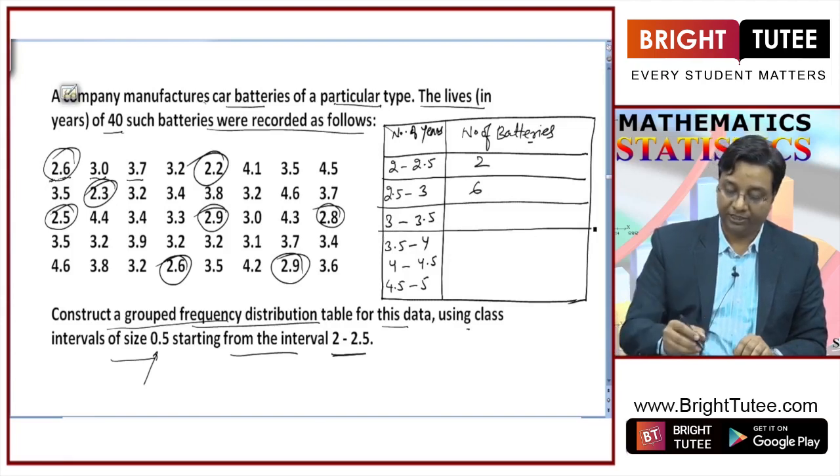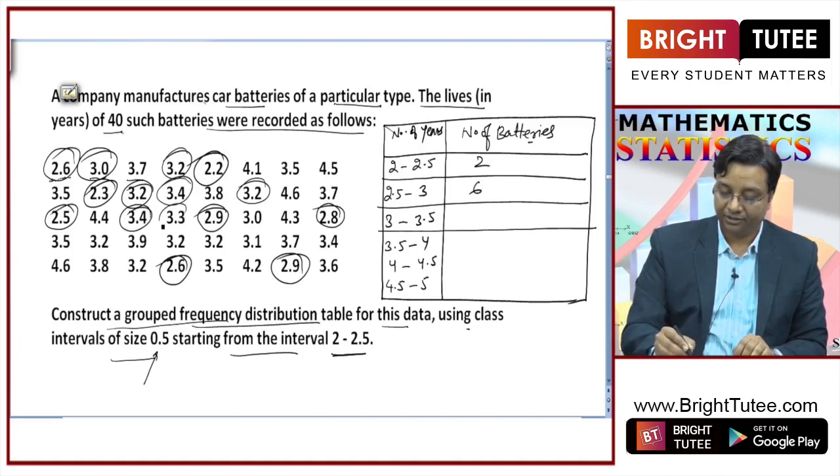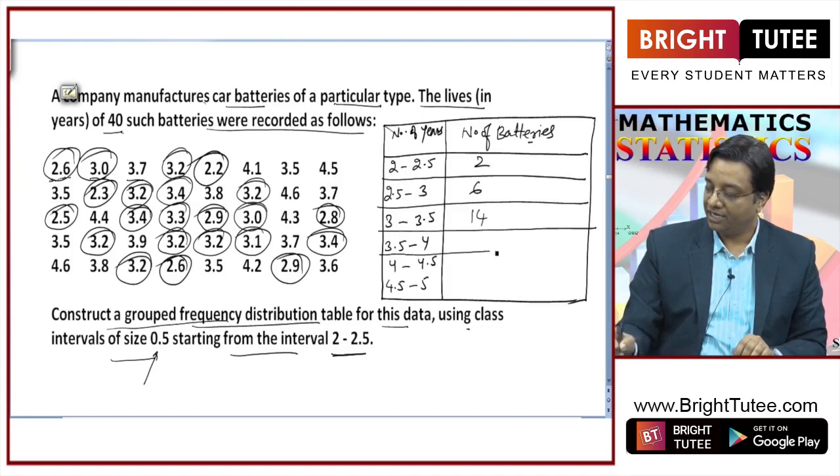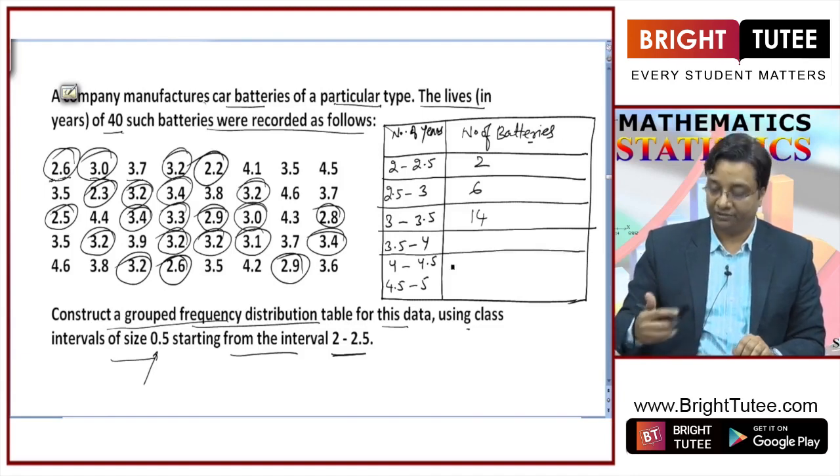Now 3 to 3.5, 1, 2, 3, 4, 5, 6, 7, 8, 9, 10, 11, 12, 13, 14. 14 such batteries which lasted between 3 to 3.5 years.